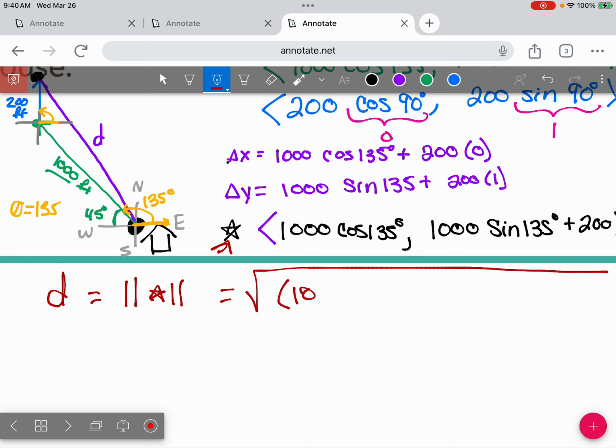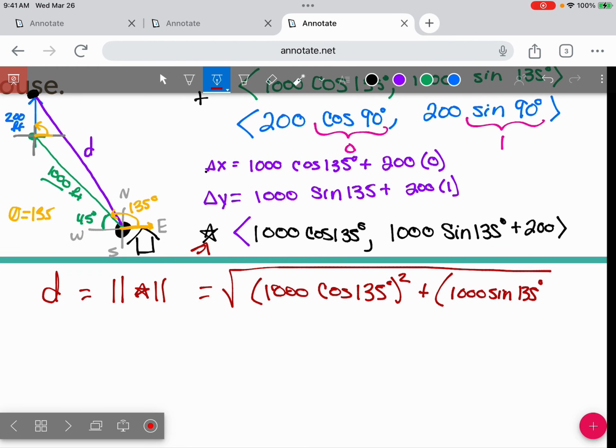So we're going to take our 1,000 cosine of 135 squared plus, make sure you use your parentheses, because we have our 1,000 sine of 135 plus 200 squared.